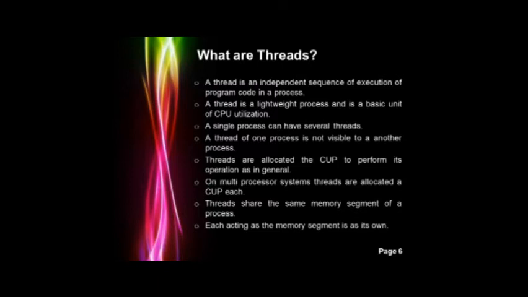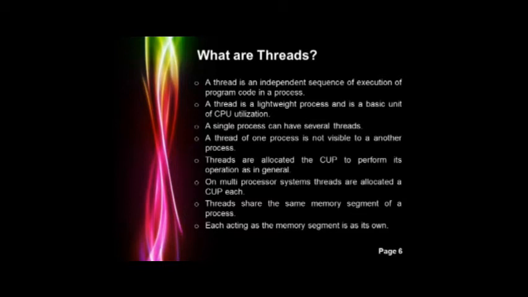Threads are allocated to the CPU to perform their operations, which means a thread will be allocated the CPU to execute the functions that are meant to be executed by the thread.